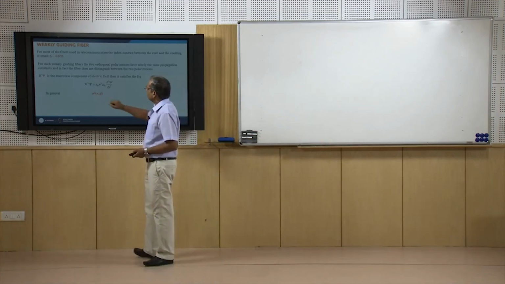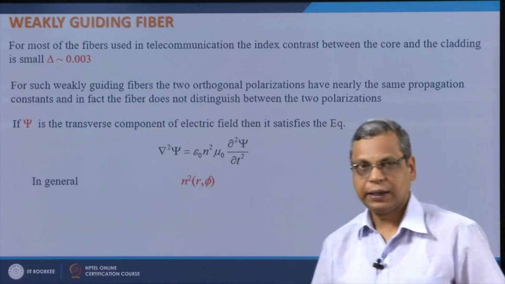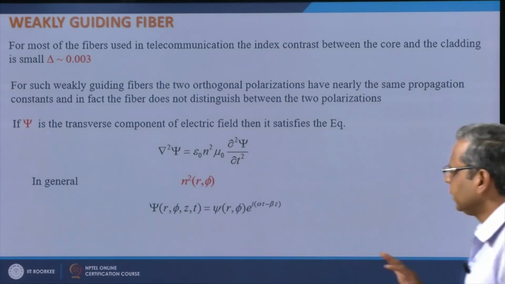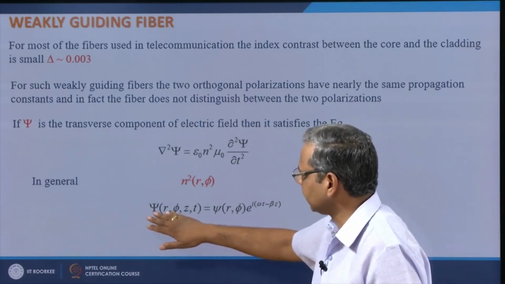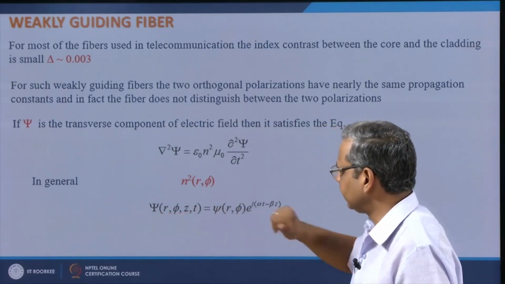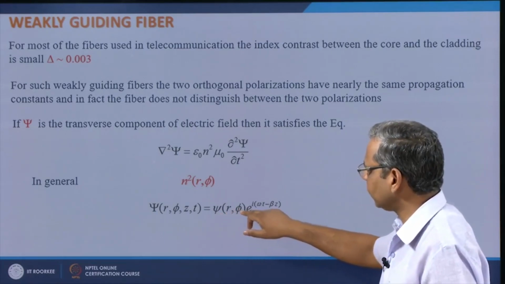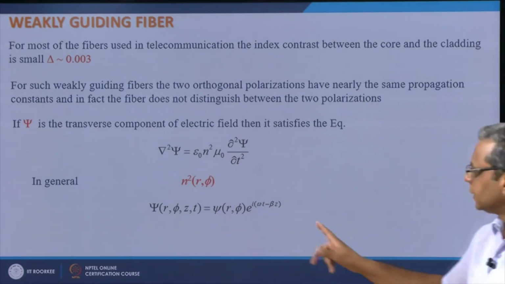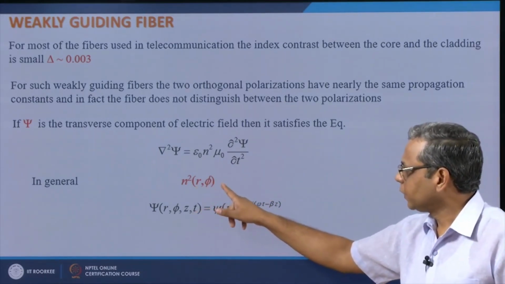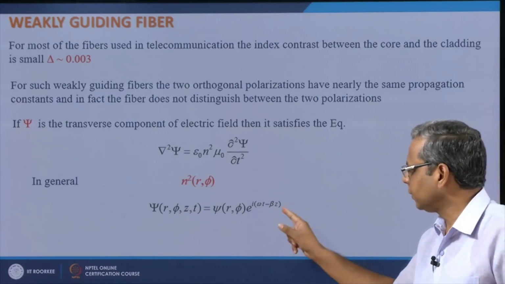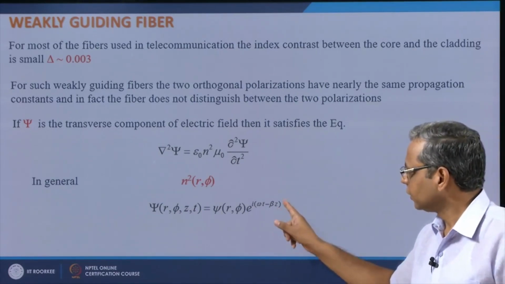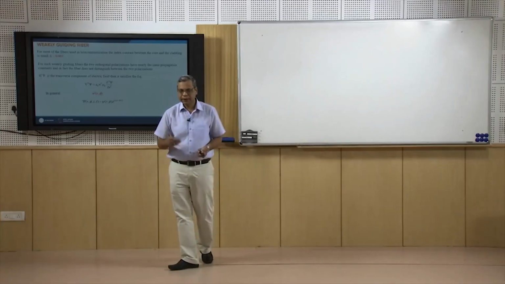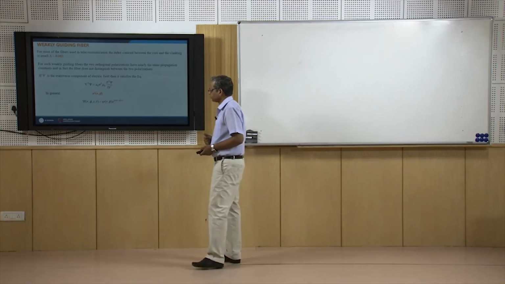In general, this n square is a function of r and phi, and then I can in general write this capital psi, which is a function of r, phi, z and t, as small psi of r phi e to the power i omega t minus beta z, because n square is not a function of z. So, the z part can be separated out, and this is how the solution of the z part and t part will come out. We have seen this several times.